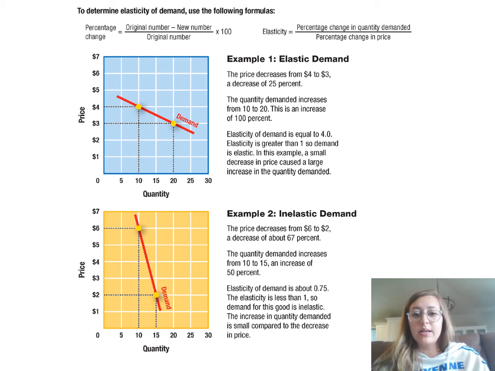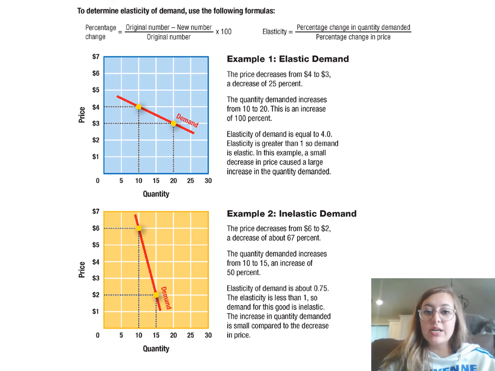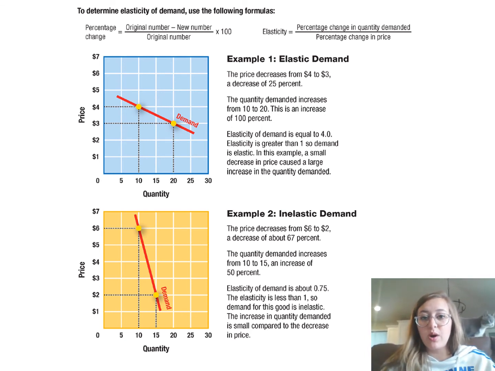Example one is an example of elastic demand. The price in this scenario decreases from $4 to $3, which is a decrease of 25%. The quantity demanded increases from 10 to 20, so this is an increase of 100%.